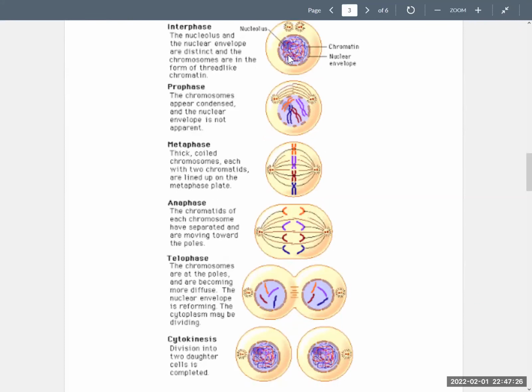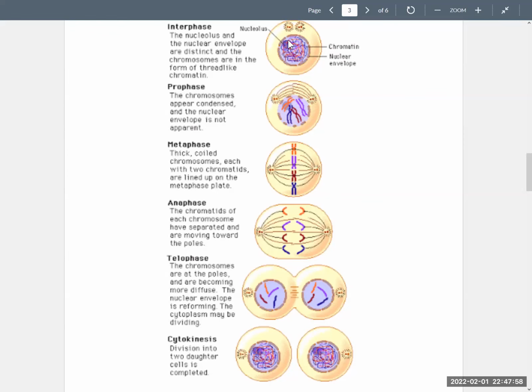The chromatin that we saw in interphase is really condensing now. You'll notice that there are 2 chromatids for each chromosome. Don't try to match up the colors, not necessary. There are 46 chromosomes, they're all double, they're all condensing.